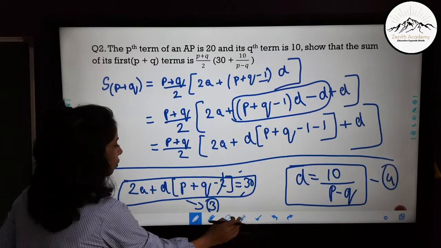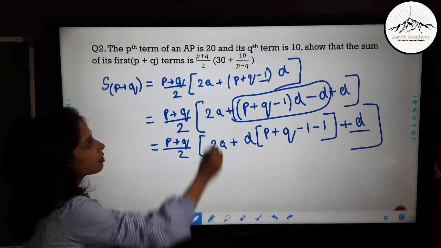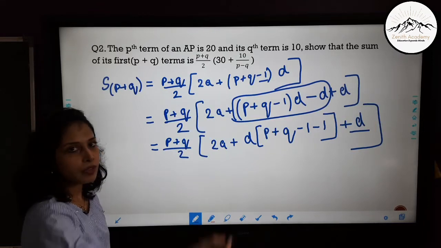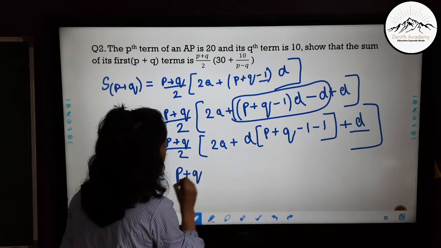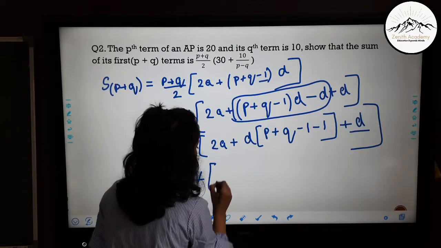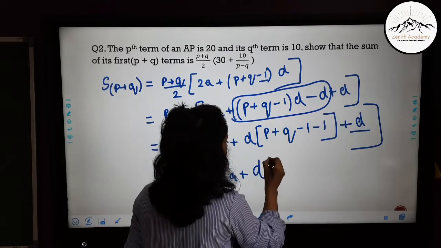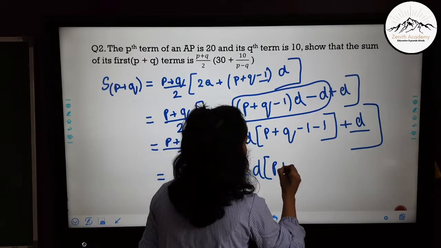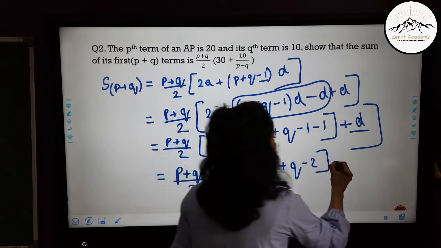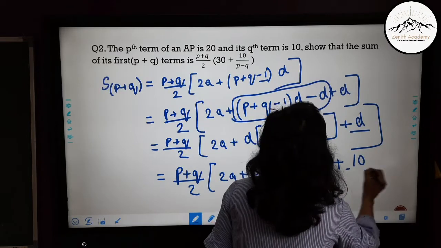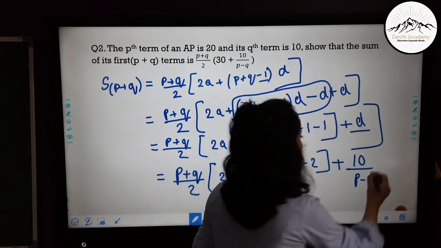So now solving it further, this d we can write as 10 upon p minus q, the value we found out. So when we write it like this, 2a plus d into p plus q, this will become minus 2, plus 10 upon p minus q, the value of d, equation number 4.